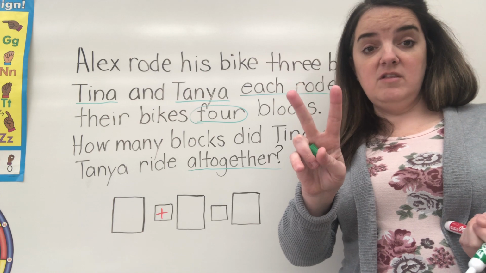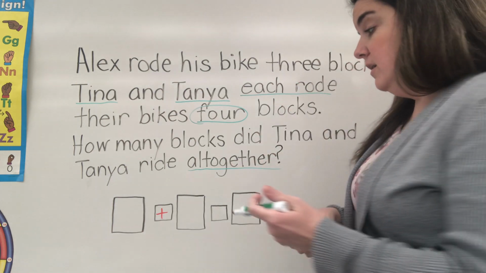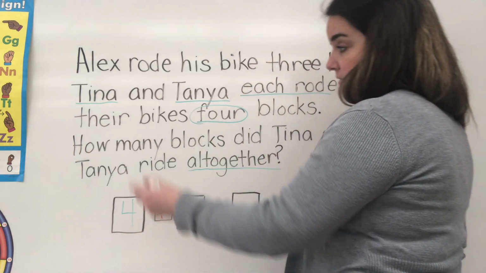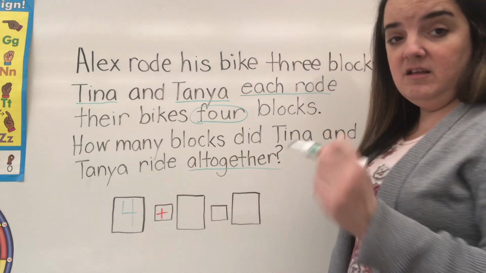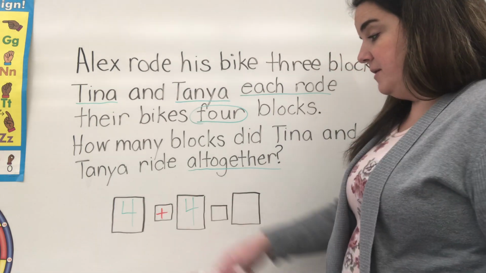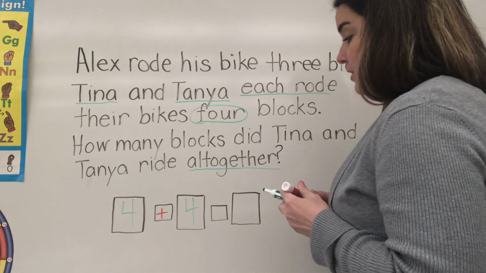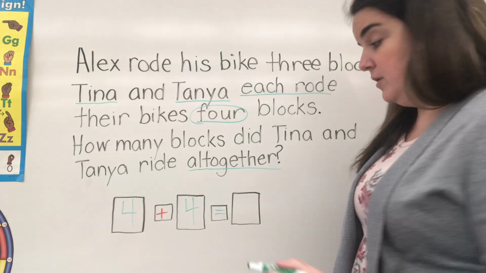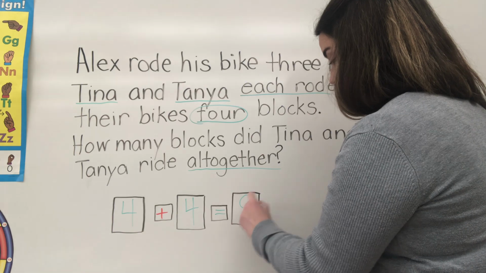How many blocks did they each ride? 4. So I'm going to write 4. Tina rode 4 blocks and Tanya also rode 4 blocks. So there's my problem. 4 plus 4 equals what? 4 plus 4 equals 8.